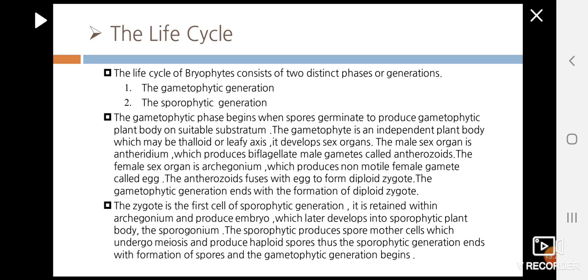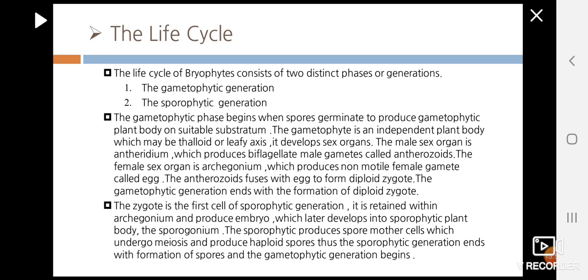The life cycle of bryophytes consists of two distinct phases, which I've already discussed: the gametophytic generation and the sporophytic generation. I've already explained that the gametophytic phase starts with the germination of the spore, and when the spores fall on a suitable substratum, they germinate to produce the gametophytic plant body, which is independent and thalloid or a leafy axis.